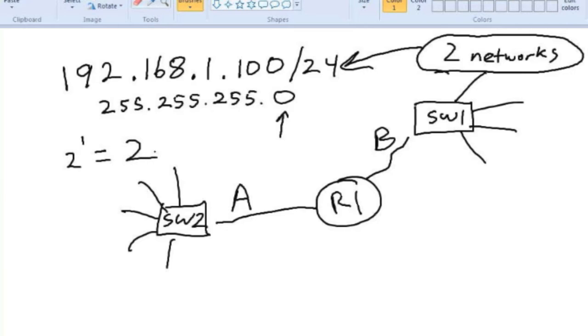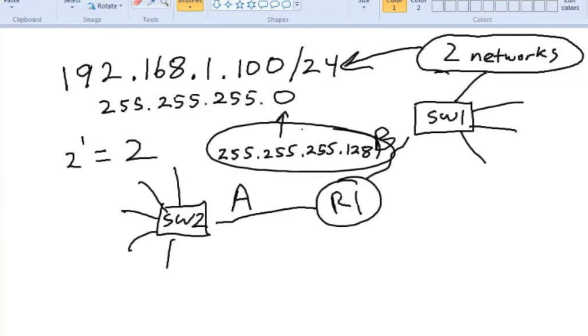So we only have to borrow 1 bit in order to create these 2 different networks. Pretty cool. What would our new subnet mask be? 255.255.255.128. That would be our new subnet mask with the 1 bit.